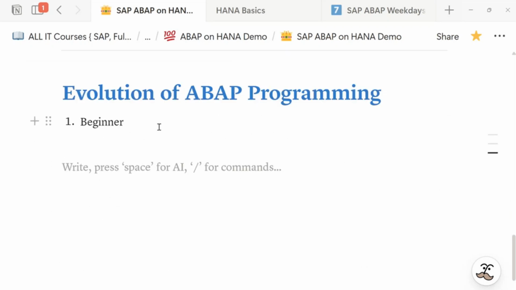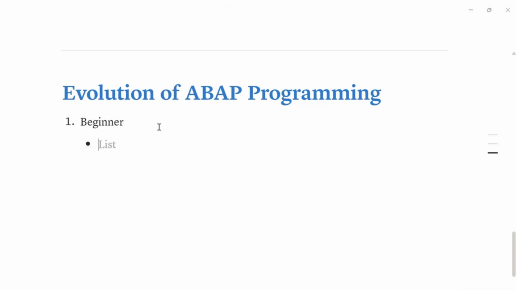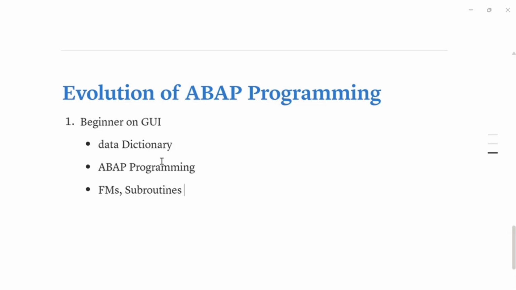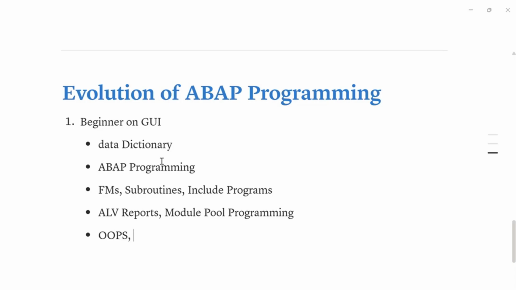So first you should go with the beginner level, where you will be learning your data dictionary, ABAP programming, everything on the graphical user interface, modularization techniques like function modules, subroutines, include programs, development on the graphical user interface, ALV reports, module pool programming, OOPS ABAP, object-oriented programming, enhancements, and then smart forms and all.